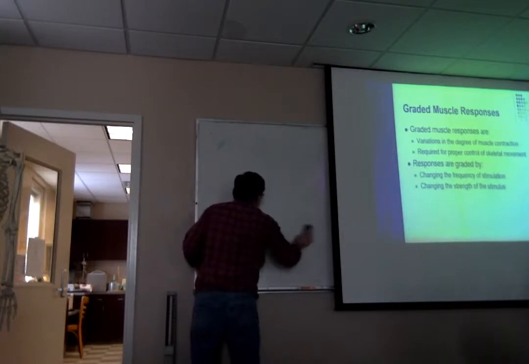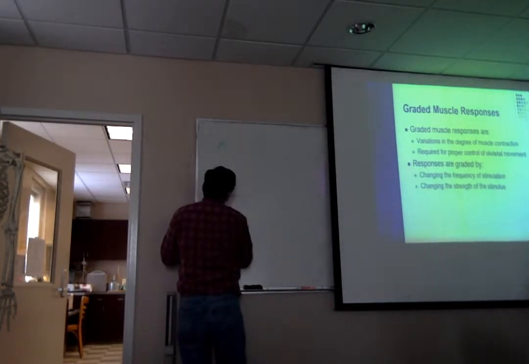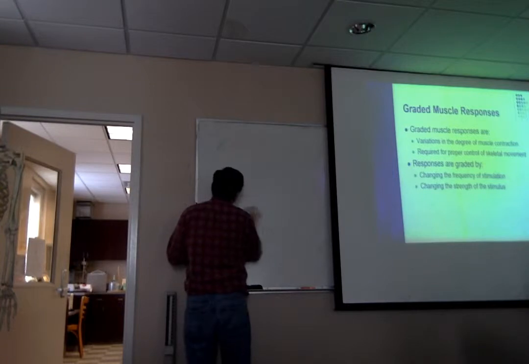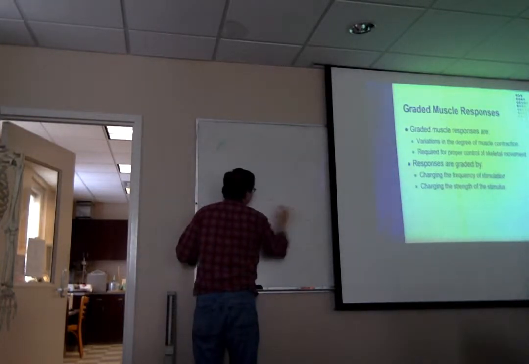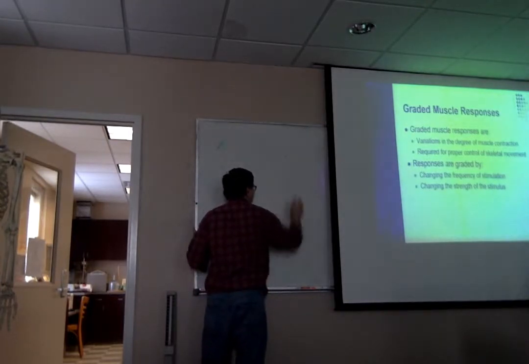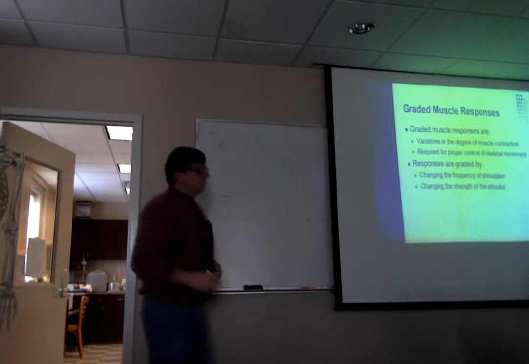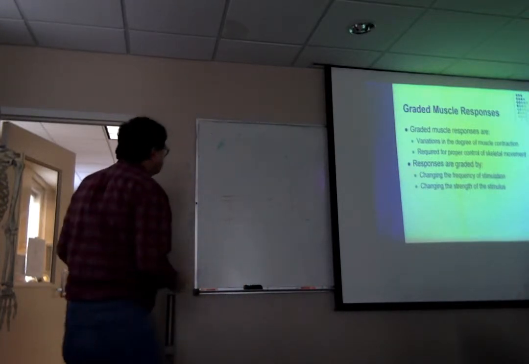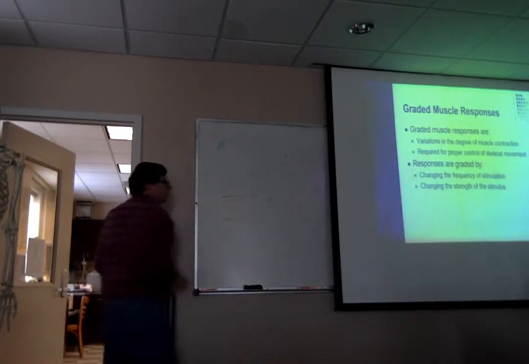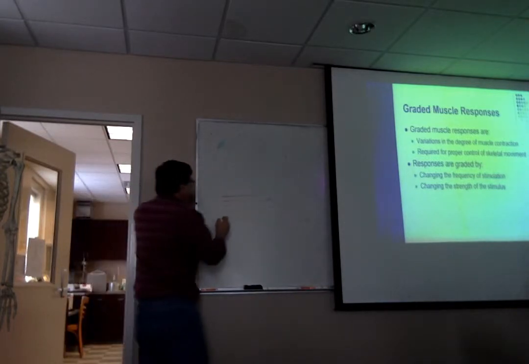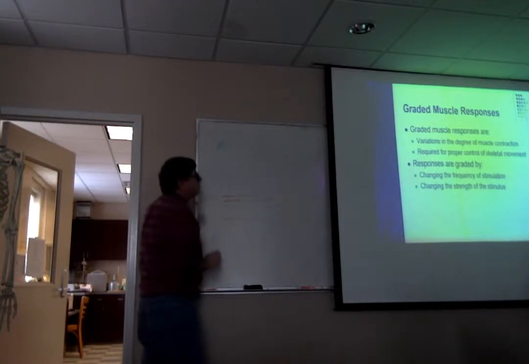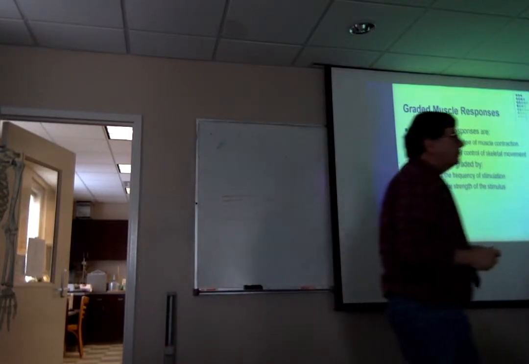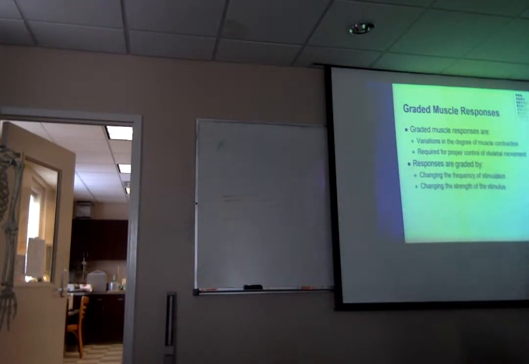So before, I showed you a nerve. I said that nerve is carrying multiple axons, each of which is branching and providing innervation to individual fibers within the muscle. Okay? I can change the strength of a stimulus by involving more motor units, or with respect to an individual muscle motor unit, sending down impulses more frequently, increasing the frequency of stimulation.